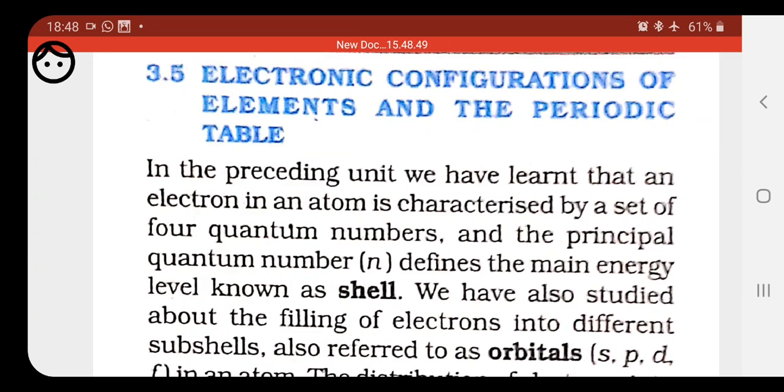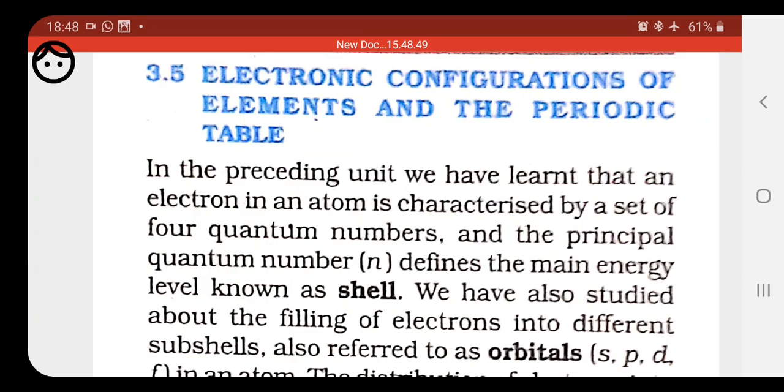So let's start with the electronic configuration of elements in the periodic table. As we know, an electron in an atom is described by a set of four quantum numbers: the principal quantum number, the azimuthal quantum number, the magnetic quantum number and the spin quantum number.